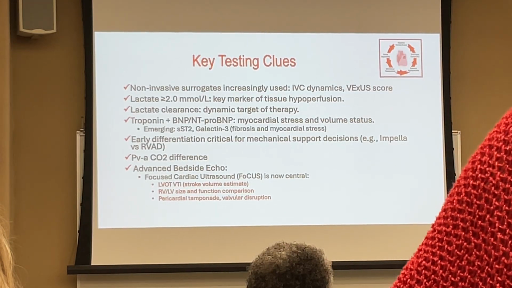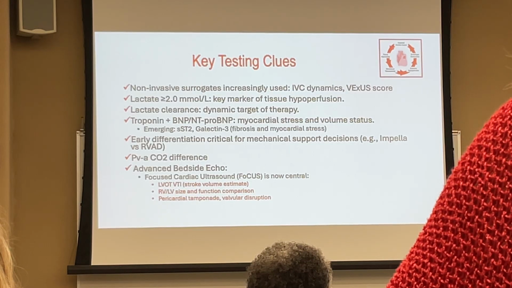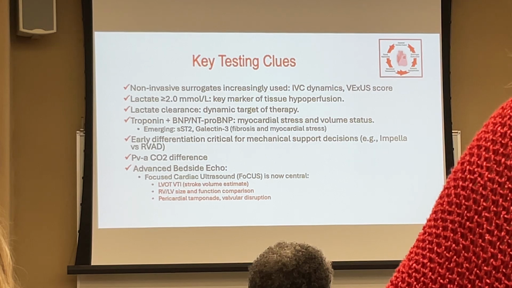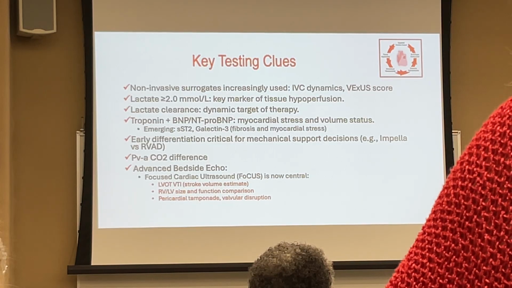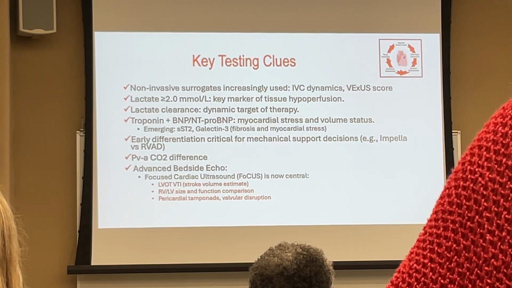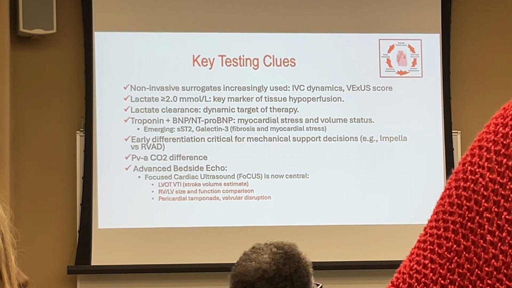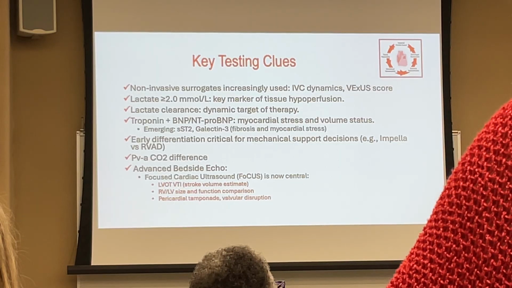So there are some really particular testing clues that are required for diagnosis, okay? The very first thing is looking at the IVC dynamics, are they compressible or not? Looking at lactate greater than 2, that's a primary marker of tissue hypoperfusion and disordered metabolism. It is not a marker of sepsis, it's a marker of disordered metabolism, okay? And more important than that, can you clear your lactate?